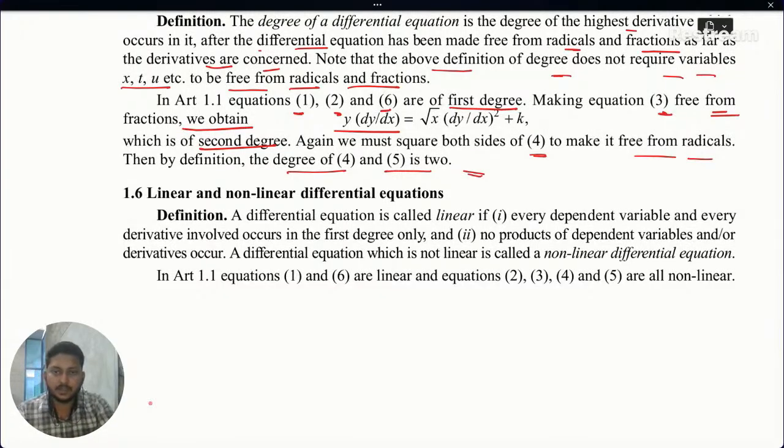Now the topic is linear differential equation and non-linear differential equation. Here is the basic definition for us.